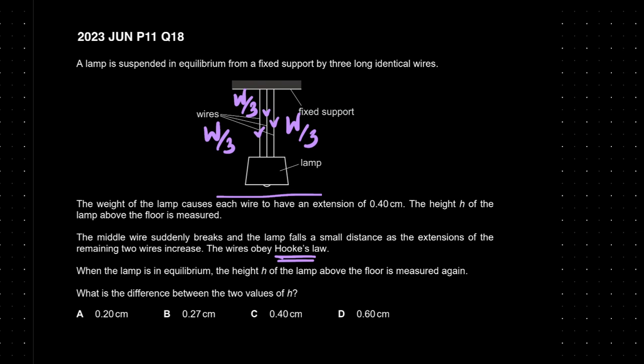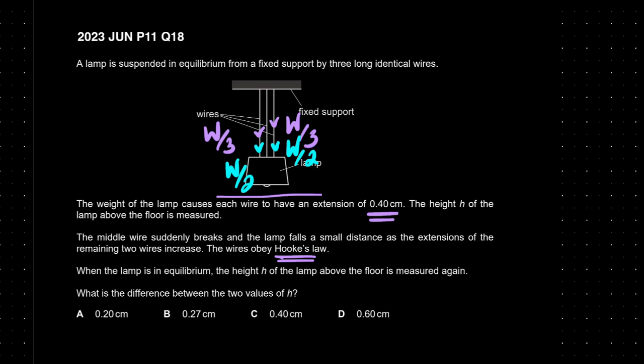So 1/3 of the weight causes an extension of 0.4 centimeters, right? With one of these now broken, there are only 2 left. And because of this, the force that each of these will experience will be W by 2 and W by 2, right?